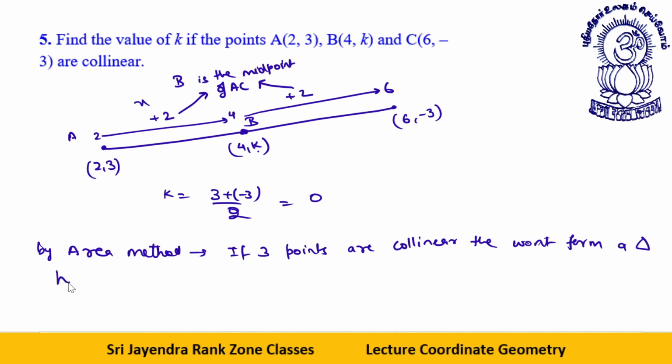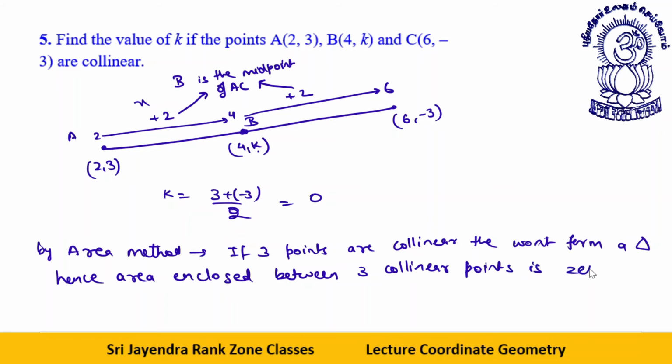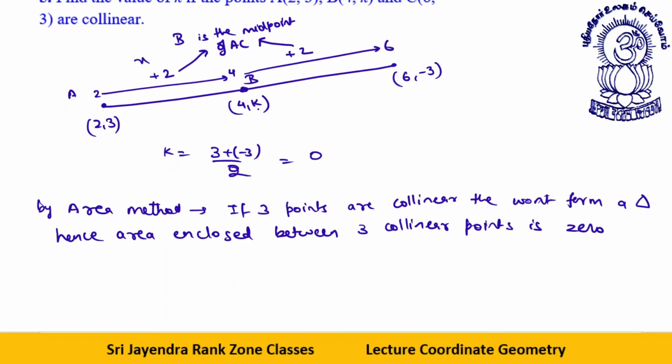Hence, the area enclosed between 3 collinear points is 0.